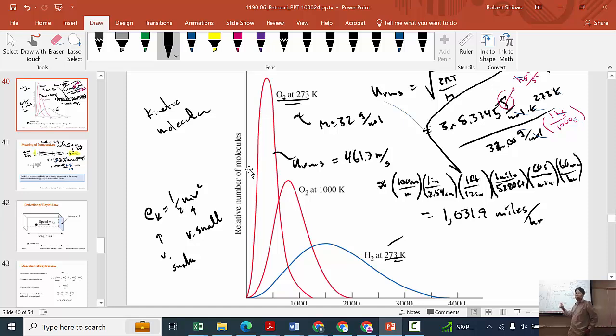But why is the speed different? Because the kinetic energy is dependent on the mass, and so the heavier it is, the slower it's going to be moving. The lighter it is, the faster moving, and the velocity, the mass and the velocity. So if one goes up, the other goes down in order to have the same energy.